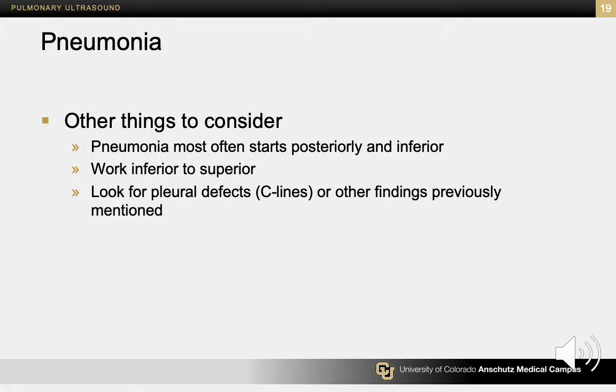We'll talk a little about focal findings with the C lines on the next slide. You work inferior to superior, and then also work around laterally. Those are the highest-yield areas for finding pneumonia.